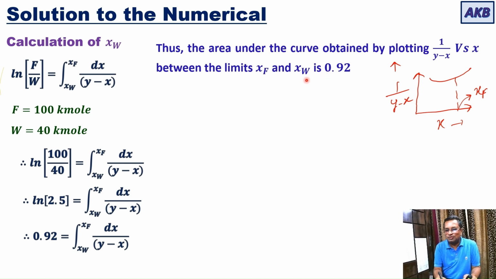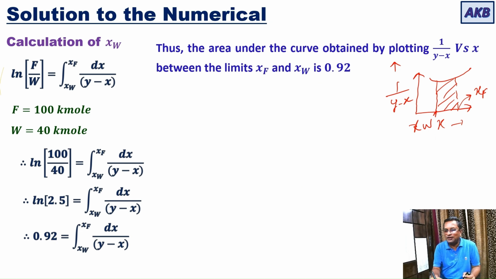So now you are going to use your skill to fit this area and get the lower limit, and that will be XW. So this is the approach. You need to plot the graph, you need to fit the area, in this case it is 0.92, and get the value of XW. So let us do that.